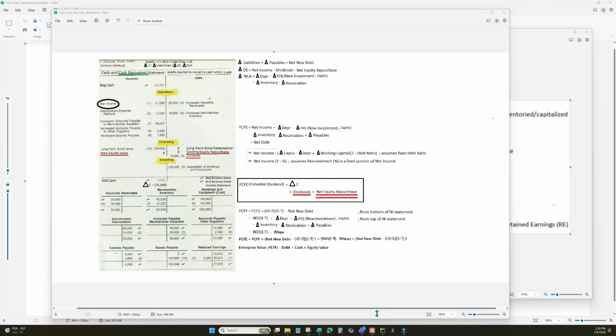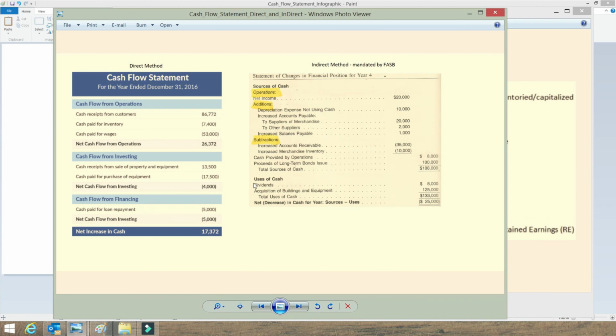So if we go back and look at the T account, what we're really doing with this part here is, even though it is a use of cash, it is shown as a subtraction from source in the indirect cash flow statement. And then when you look further at the statement, you'll see here that the uses of cash are primarily dealing with the financing and the investing piece of it.